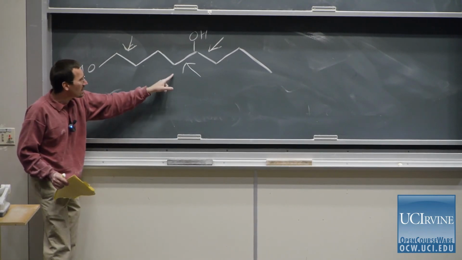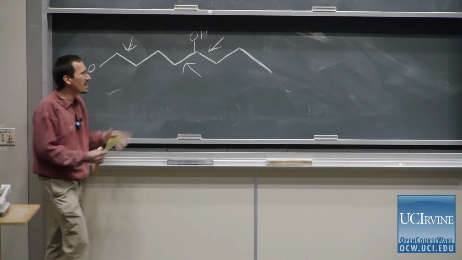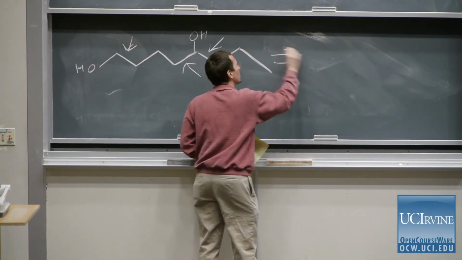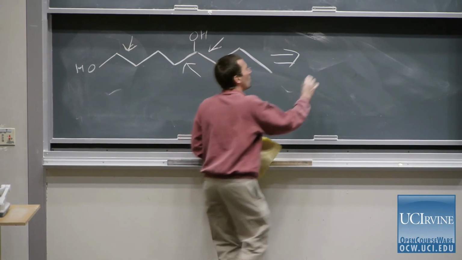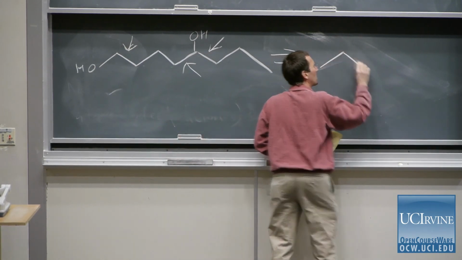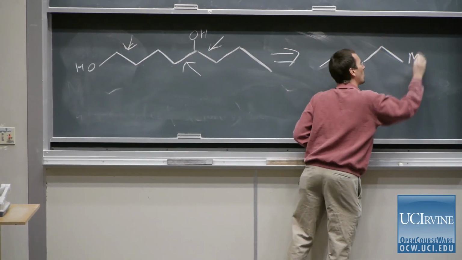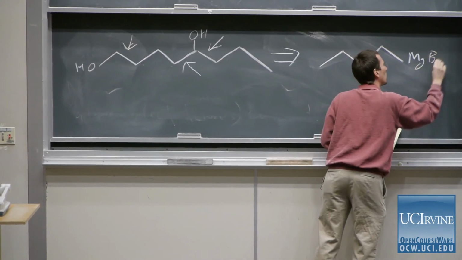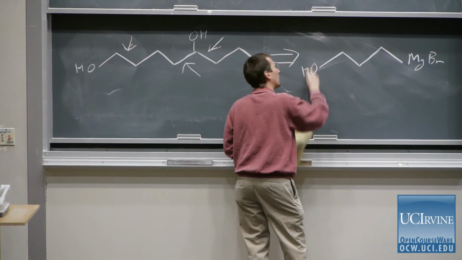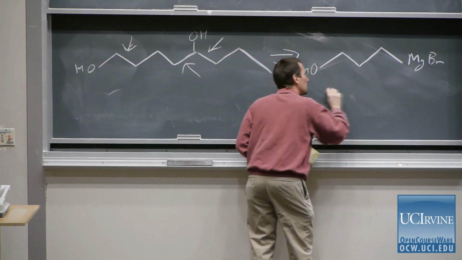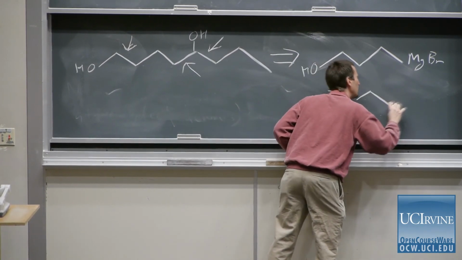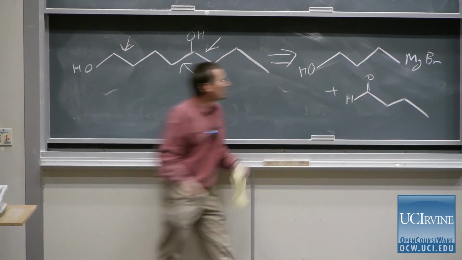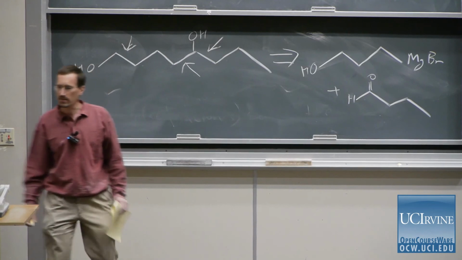So we could think in terms of retrosynthetic analysis and say a good retrosynthetic disconnection would be to break this molecule into this 4-carbon Grignard reagent and this 4-carbon aldehyde.